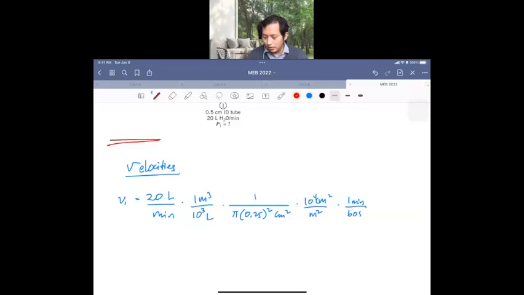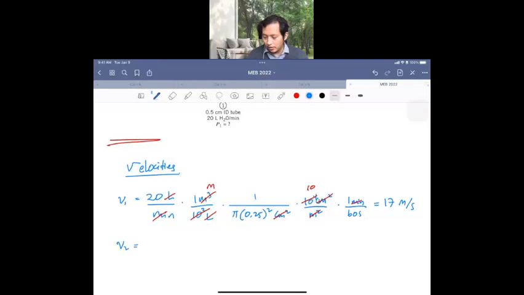Check all the conversions to see whether they are correct. Okay, I think it's correct. We can calculate. This turns out to be 17 meters per second.